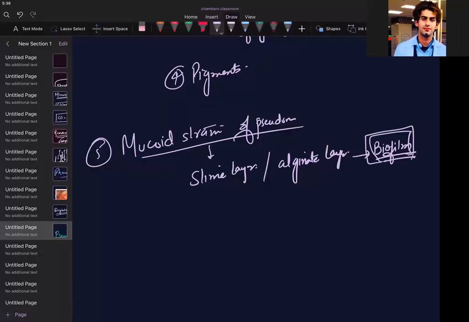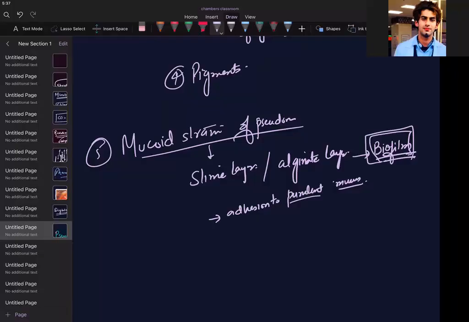Now, when it has to attach itself, what does it do? This slime layer will help it in adhesion to purulent mucus, because the mucus is basically purulent and foul smelling. Why did I use the specific word purulent mucus?